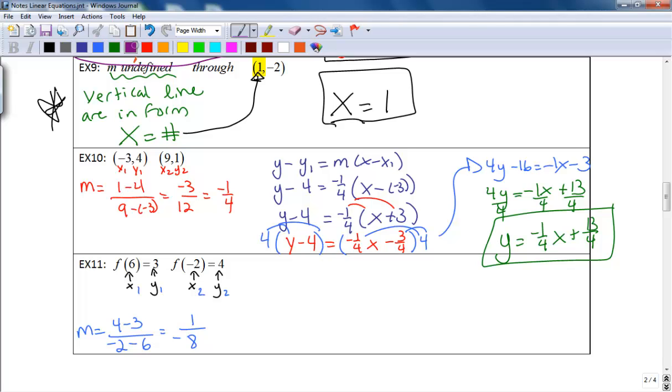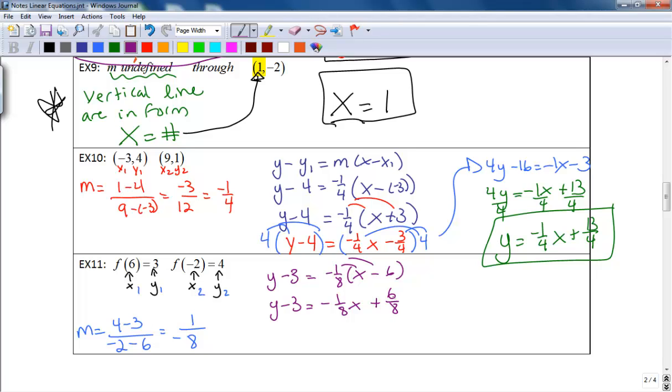Plug it into your point slope form, and we get y minus y1, which is 3, equals m, -1/8, times x minus 6. Distribute your -1/8: y minus 3 is equal to -1/8 x plus, because -1/8 times a negative 6 would be a positive 6/8.